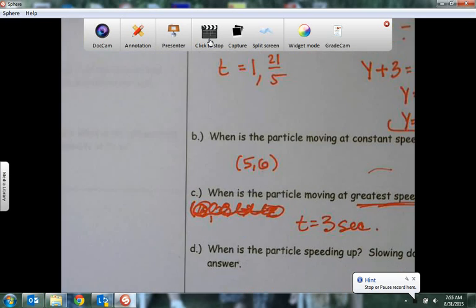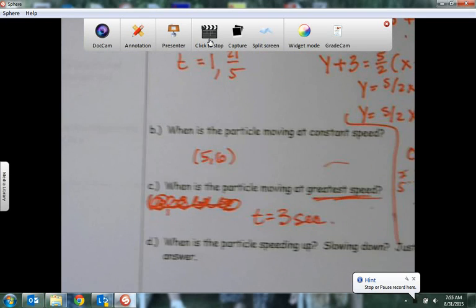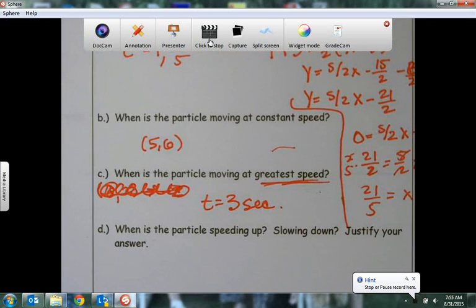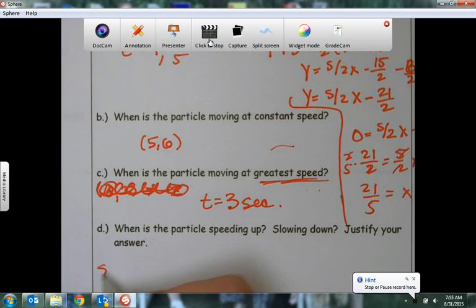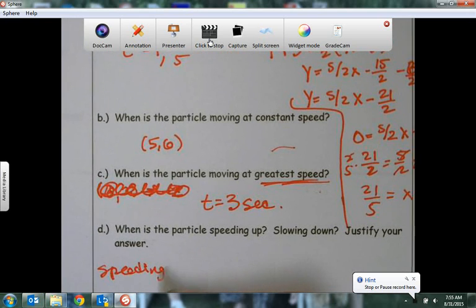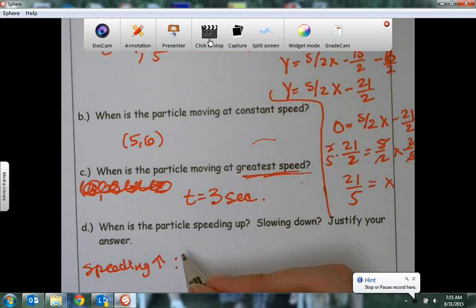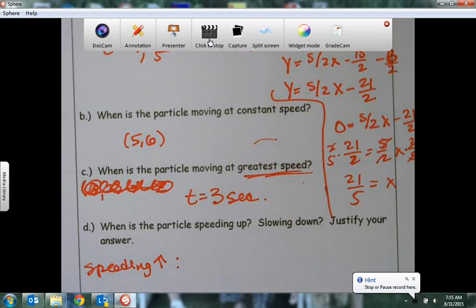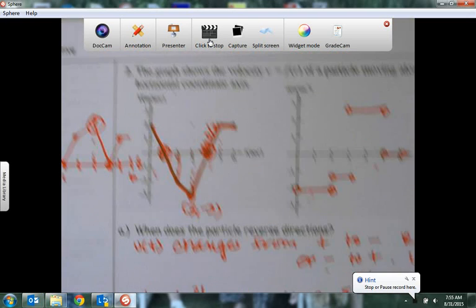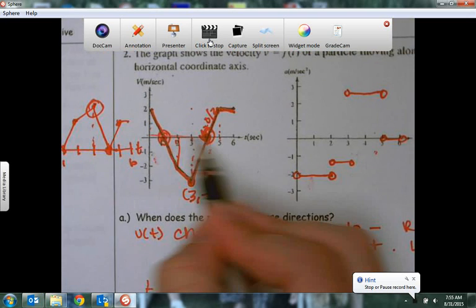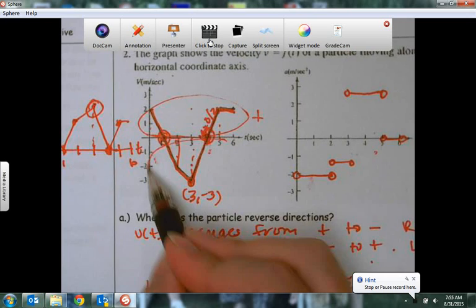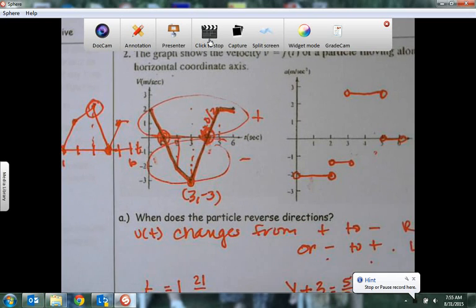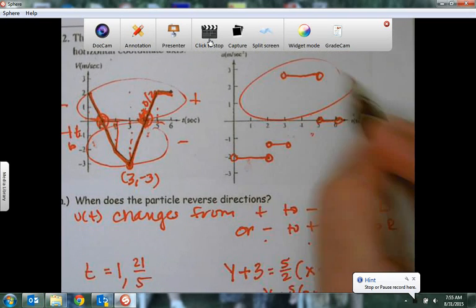So when is the particle speeding up and slowing down? So speed is increasing when velocity and acceleration have the same sign. So basically, if I look at these graphs, this is where velocity is positive, this is where velocity is negative. This is where acceleration is positive, this is where acceleration is negative.